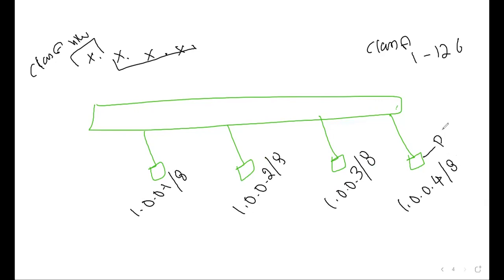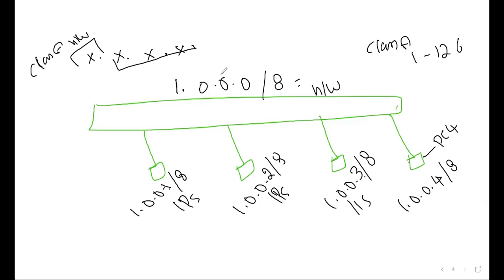This is PC4. We can say PC1, PC2, PC3, PC4. 1, 2, 3, 4 are the IPs from one network. But in short, what I can write is 1.0.0.0/8. This is the network, and these are IPs.